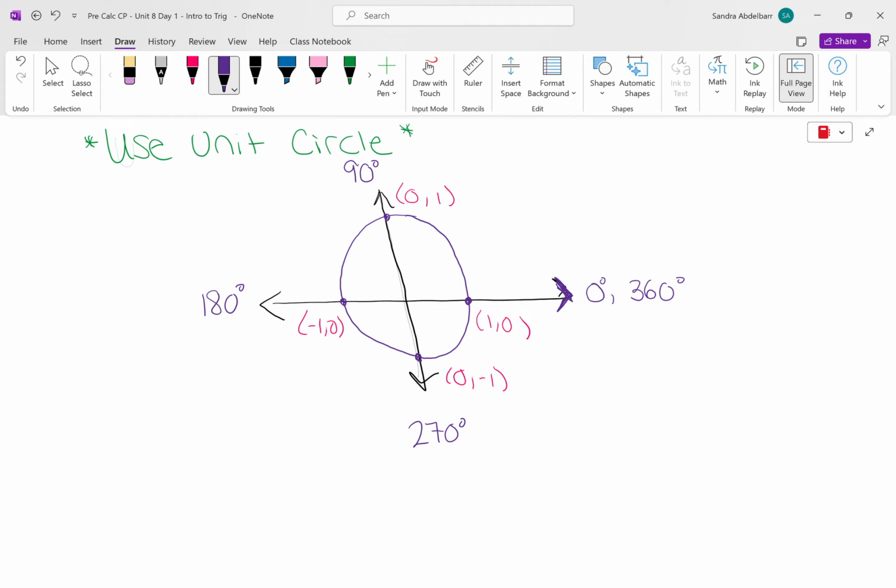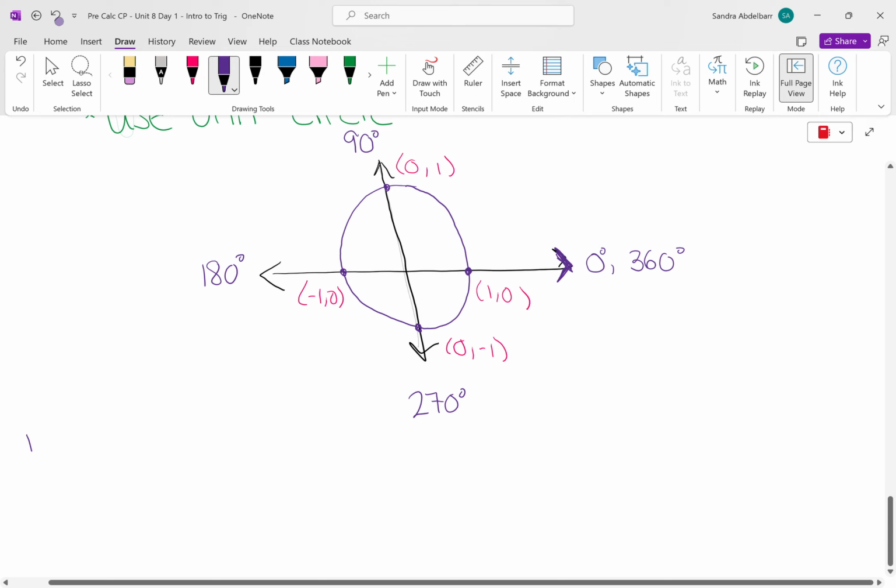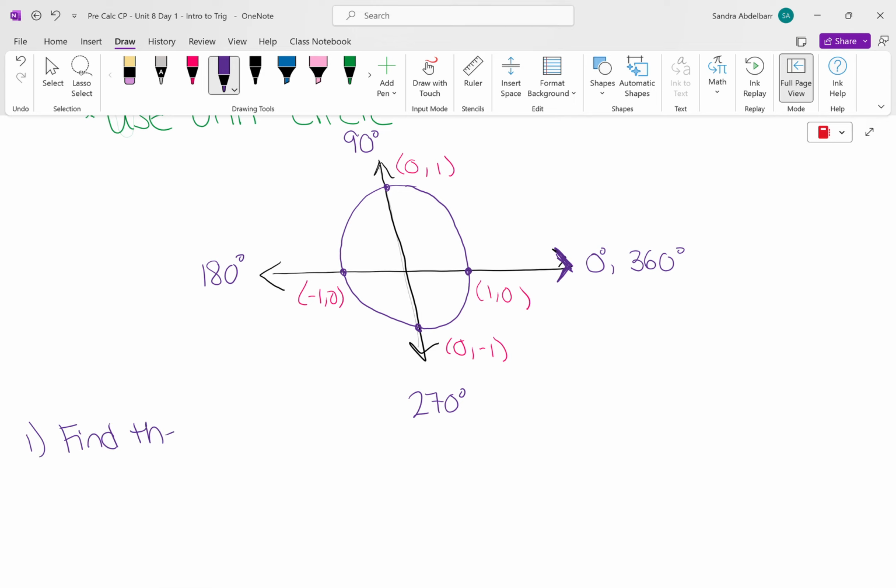So now if I say, using the unit circle, find the 6 trig functions of 90 degrees.